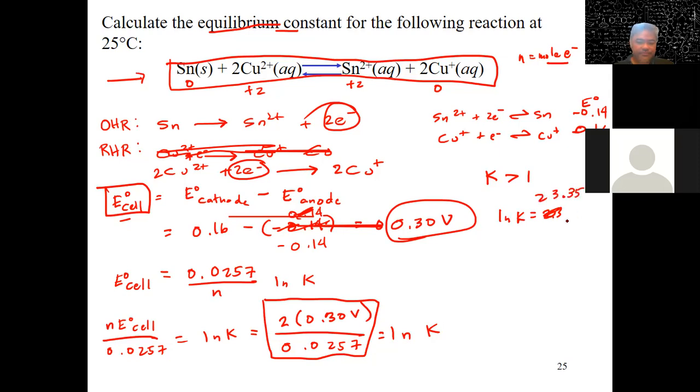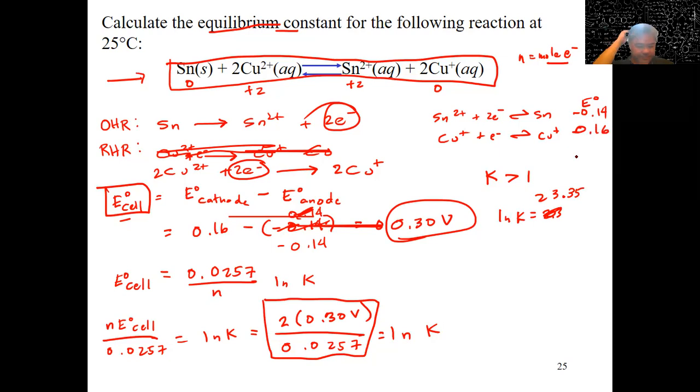23.35. So how do I eliminate ln? So K is just equal to e raised to 23.35. So what do you get?